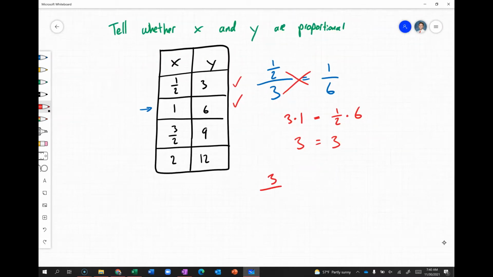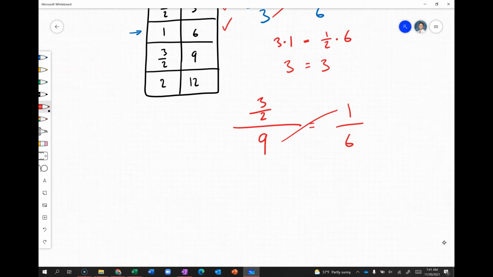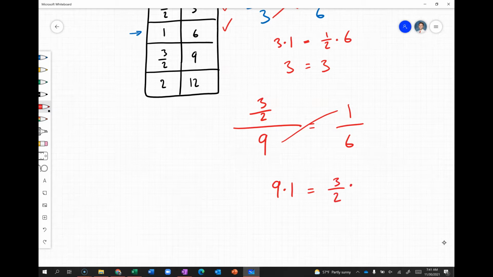So now let's see if 3/2 over 9 is also equivalent to 1 over 6. We know that 9 times 1 is 9. And that must be equivalent to 3/2 times 6, which would be 18 over 2, which is 9. So this is proportionate as well.